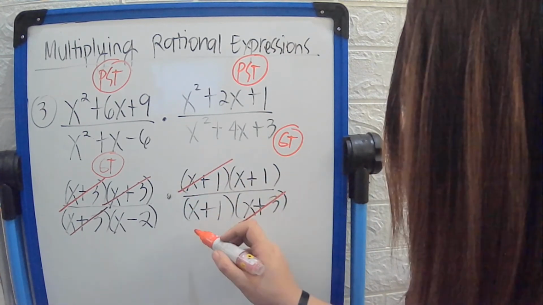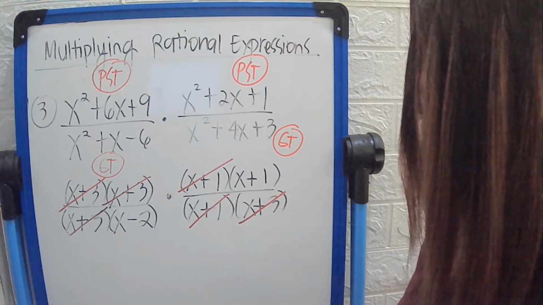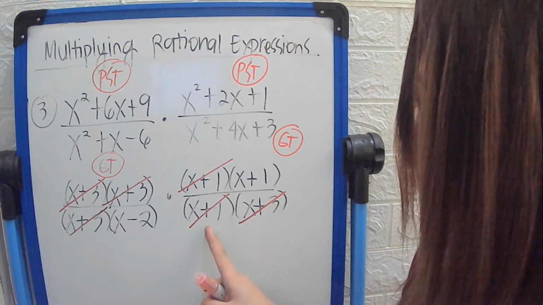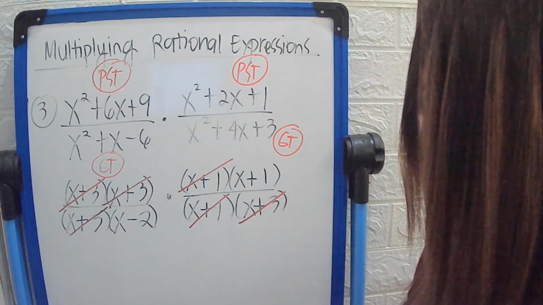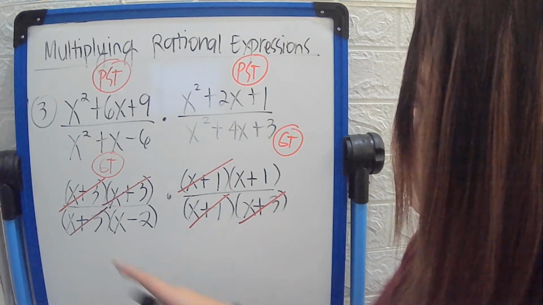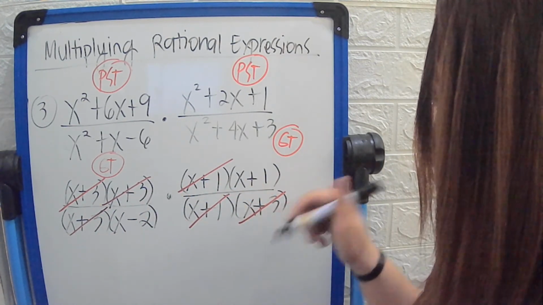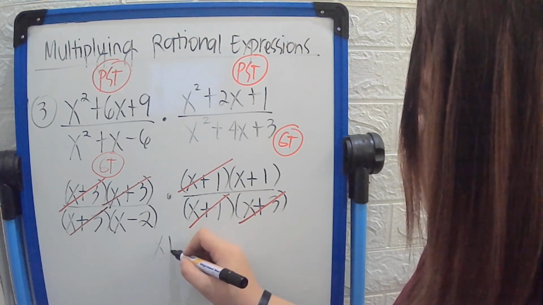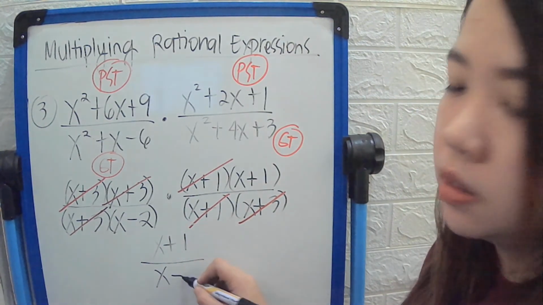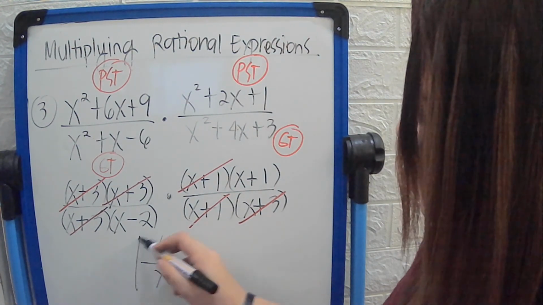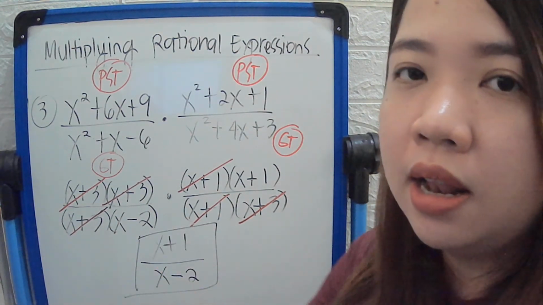Then x plus 1, because I have x plus 1. If you already eliminated this with this, you cannot use this with this, okay? So for your final answer, what is left in the numerator is x plus 1, and in the denominator you're only left with x minus 2. So this is your final answer.